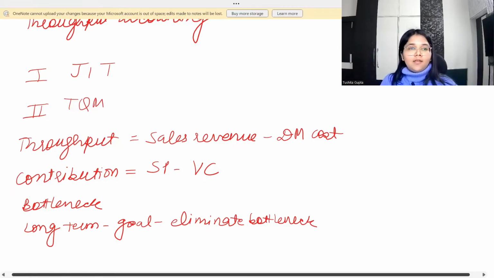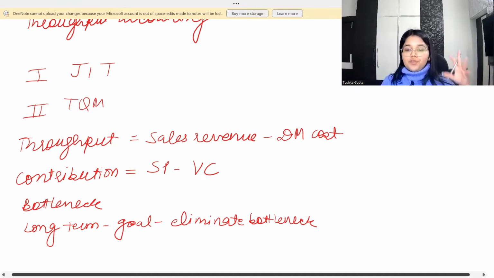Then again, this is a cost accounting technique. It also comes with its assumptions. It's very important that you understand the assumptions well, so that you're able to recollect in which situations this will be useful, and there can be theoretical questions on assumptions also.